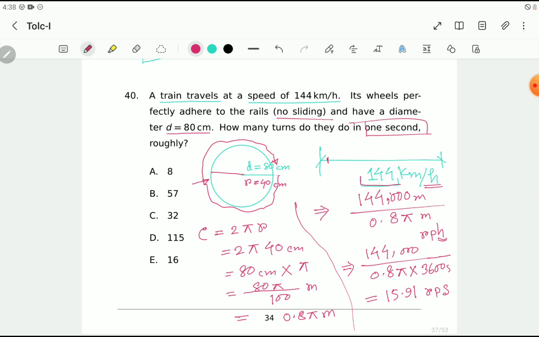So we find the rotation is close to 16 rps. Our answer is E.